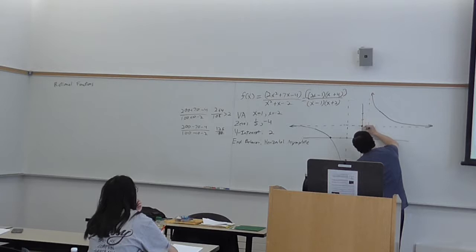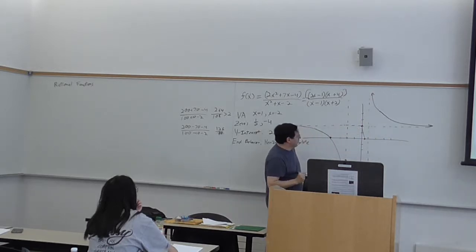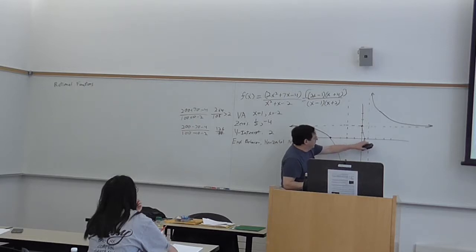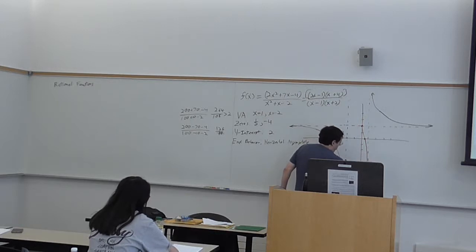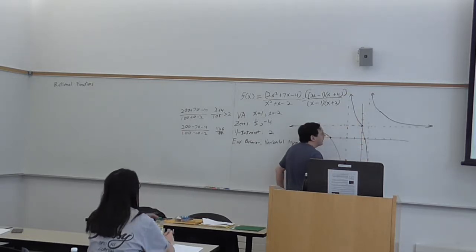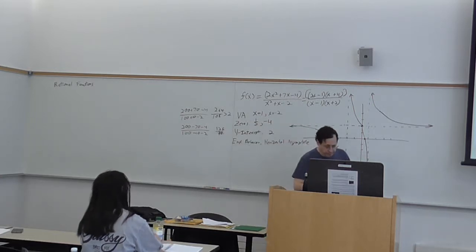Well, we know there's the 0 here, and there's the y-intercept here. And again, if you plug in values close to 1 on this side, you'll see that it's going to go negative. And similarly, as we get close to minus 2, it's going to go like this. No, that's not the most beautiful diagram.